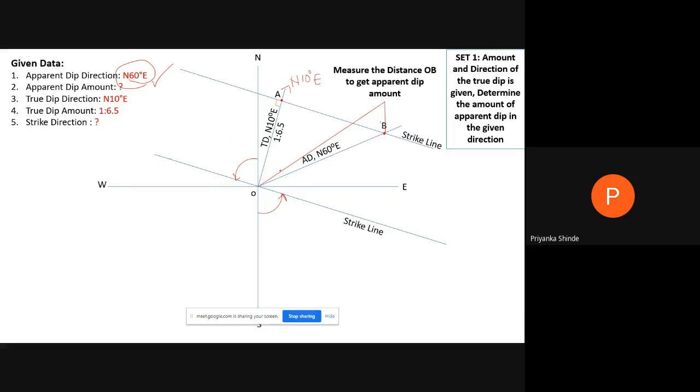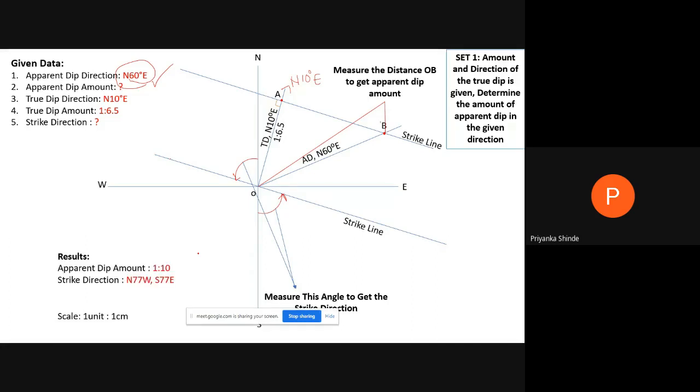Okay, so from south, what is the direction? From north, what is the direction? We will measure, and that is the strike direction. Here we have used a 1:1 scale, that is 1 unit is 1 centimeter. So this is how we are going to solve all the problems.